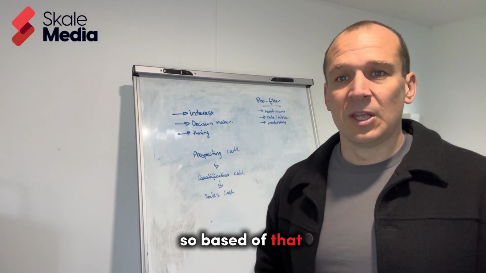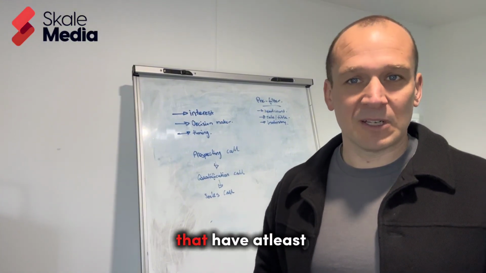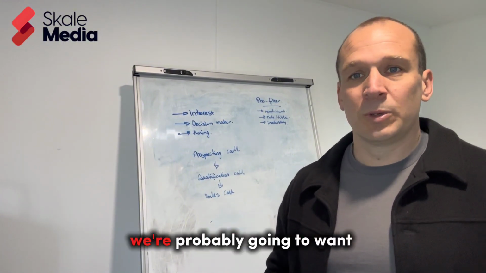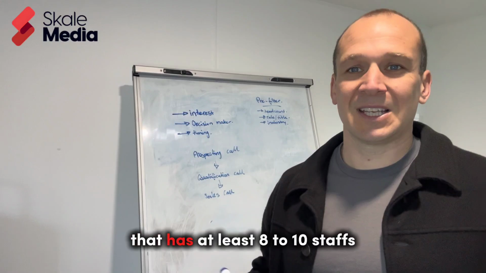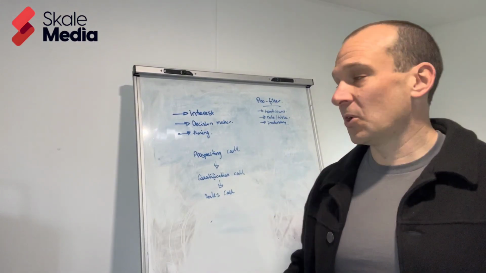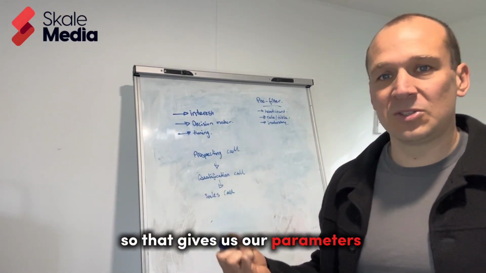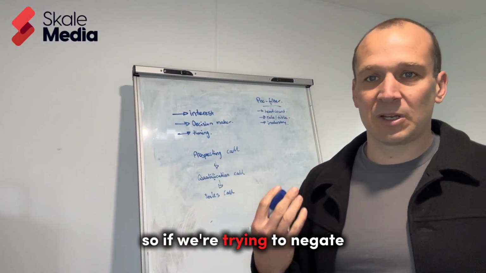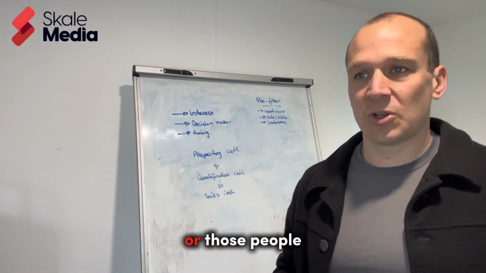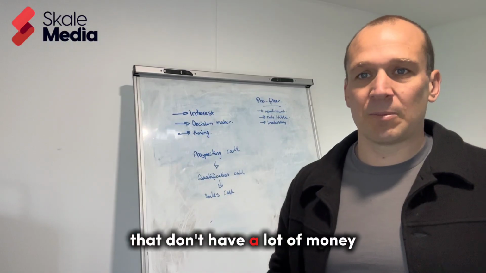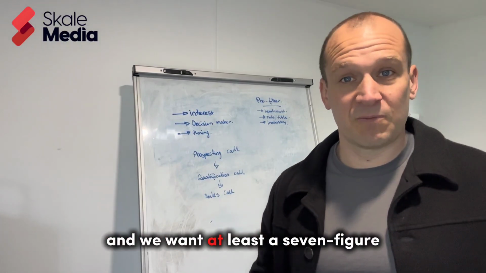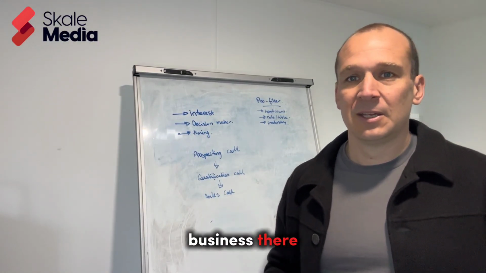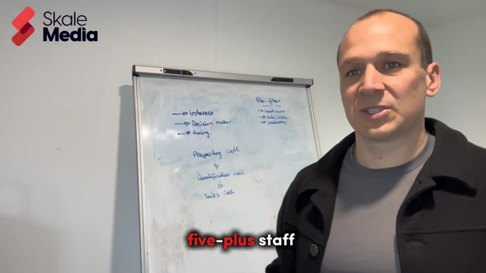So if we want to target businesses that have at least $2 million turnover, we're probably going to want to target a business that has at least 8 to 10 staff. So that gives us our parameters around how we can filter a business. If we're trying to negate those startups or those people that don't have a lot of money and we want at least a 7-figure business, make sure that we're searching 5+ staff.